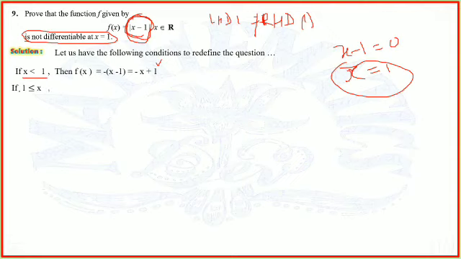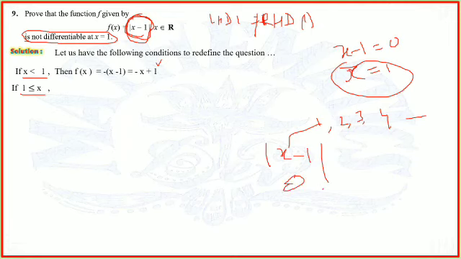If x is greater than or equal to 1, meaning 1, 2, 3, 4 and so on, then you can observe easily modulus x minus 1: put x is equal to 1, its value is 0. That is considered a positive quantity, as I have already explained. Then 2 minus 1 is 1, positive; 3 minus 1 is 2; 4 minus 1 is 3; everything is positive.